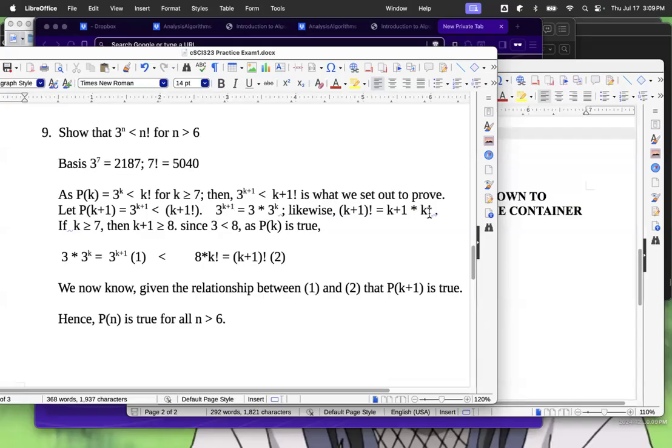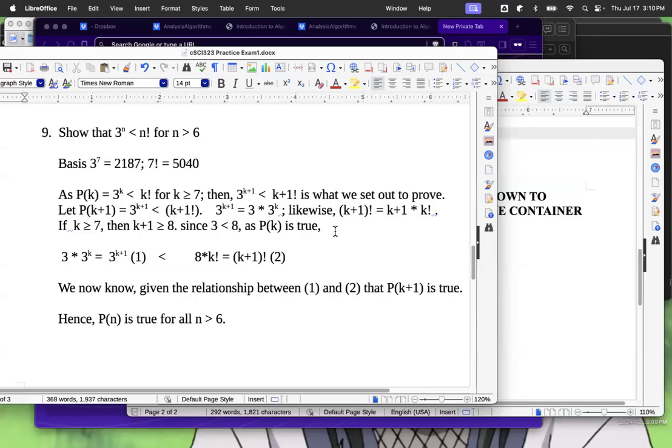Then you see that given this, k plus 1 must be 1 plus both sides of that. But given that reality, we know that multiplying by this does not really overtake the fact that k plus 1 is so much larger.